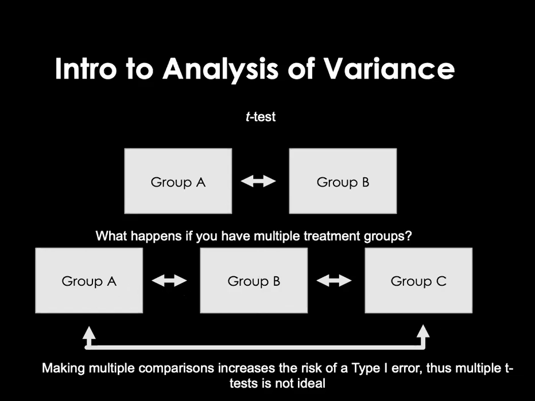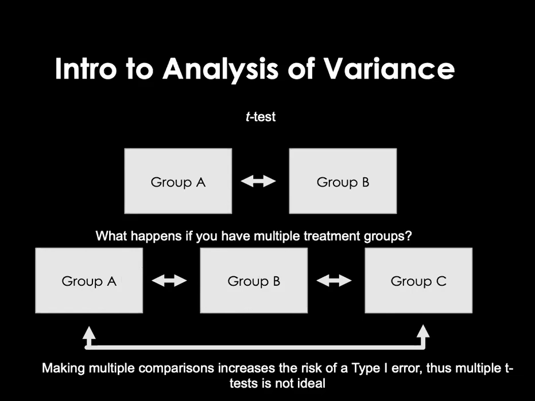But if you were comparing three groups or conditions, you'd have a 5% chance of committing a type 1 error when you compared group A and B. You'd have another 5% when you compared group B and C. You'd have another 5% when you compared group A with group C. And so you see that although you don't really just add them together, you wouldn't add 5 and 5 and 5. It's a little more complicated than that.